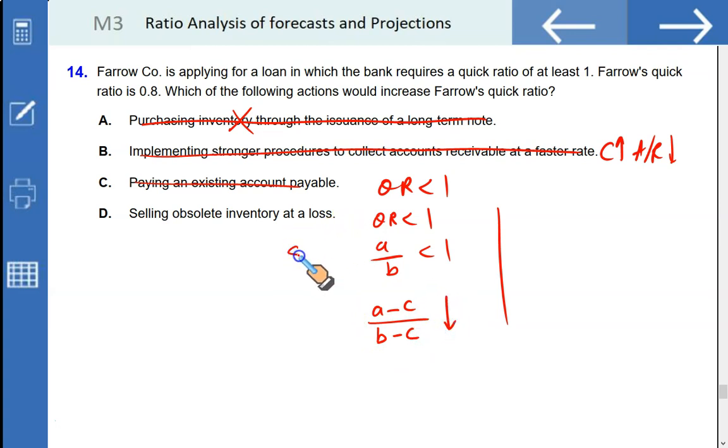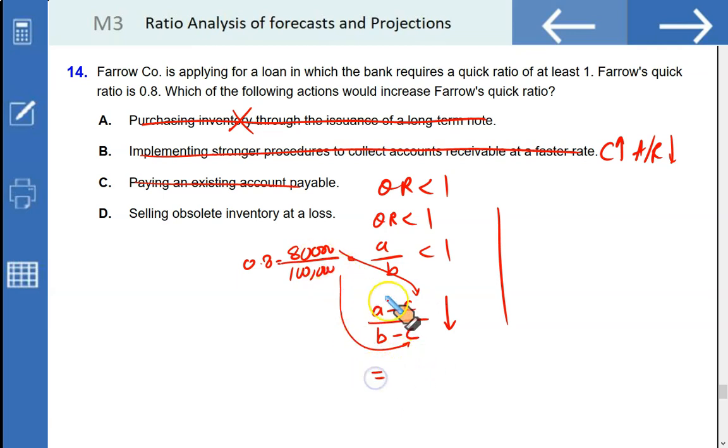Now let us say right now 80,000 is our quick assets and 100,000 is our current liabilities. So the ratio is 0.8, which is clearly less than 1. Now if you decide to pay our existing accounts payable, let's say our accounts payable is 50,000, that means 50,000 will be removed from the numerator, from cash, and 50,000 will be removed from the denominator as a reduction in accounts payable.